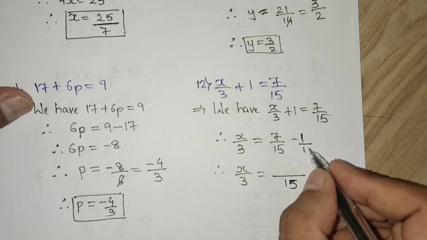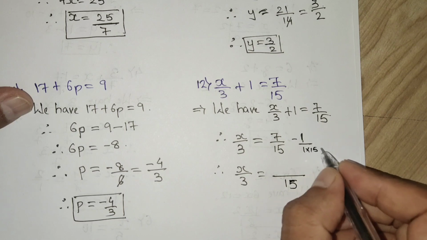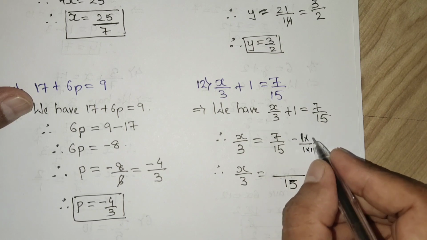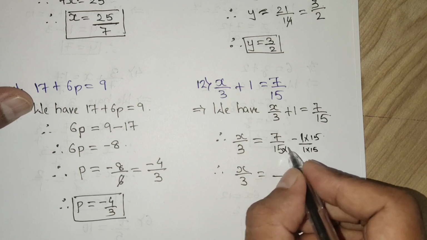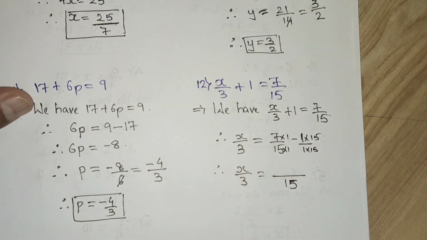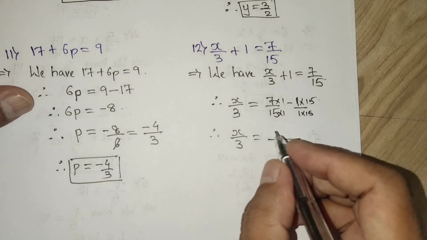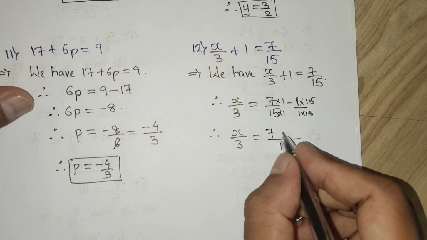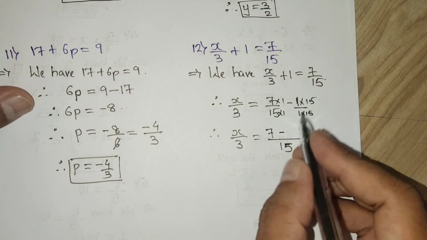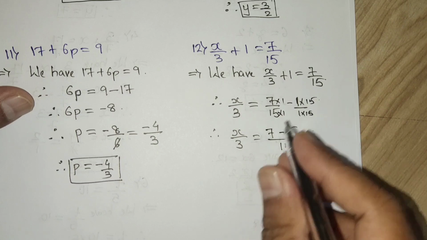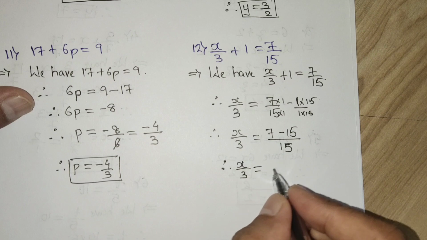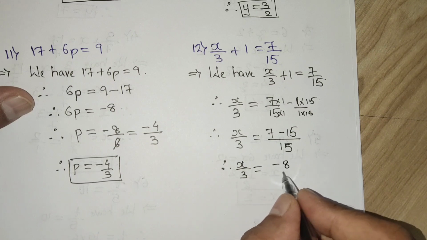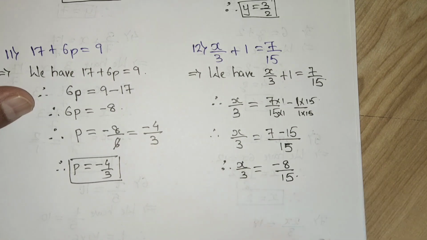We want to make this also 15, so we will multiply it with 15 and up also with 15. Here already it is 15, so we will multiply 1 and above also 1. So our LCM is 15, 7 ones are 7 and 1 into 15 is 15. So your answer will be x divided by 3 is equal to minus 8 divided by 15.